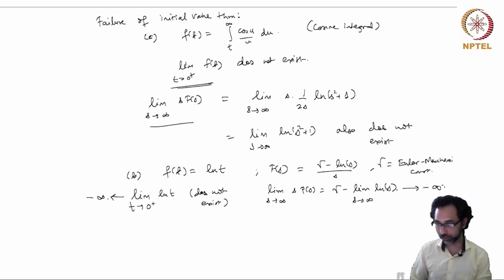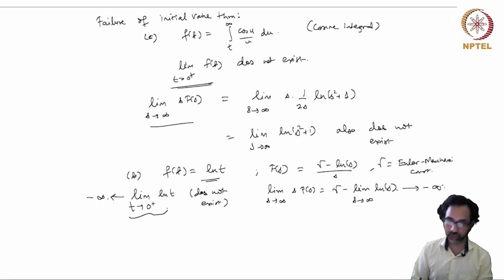So we see that again we have an absurd equation, and the initial value theorem also fails because this limit as t goes to 0 does not exist.